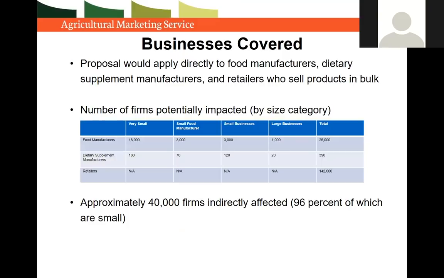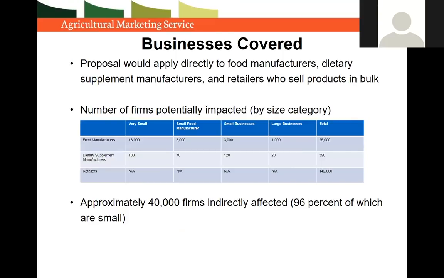Manufacturing businesses are divided into 4 categories by revenue: very small manufacturers, those with revenues below $2.5 million per year; small manufacturers, those with revenues below $10 million per year; small businesses that meet the Small Business Administration definition of small business would not be considered small manufacturers for purpose of this rule; and large businesses, which are businesses that do not meet any of the definitions of small or very small.